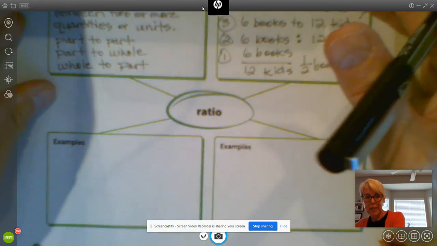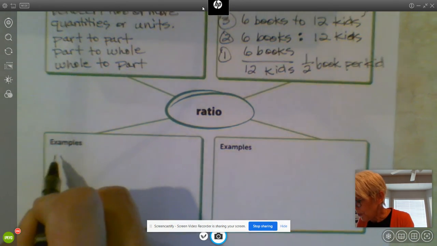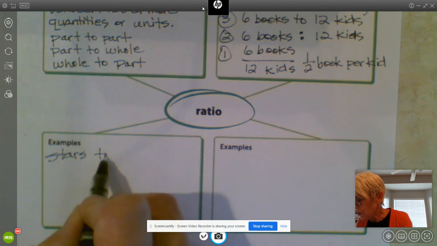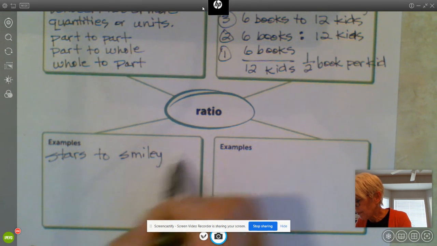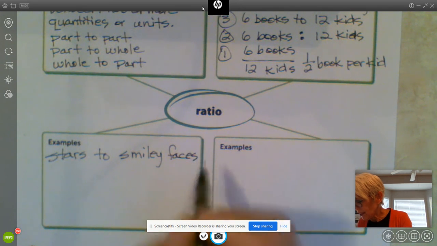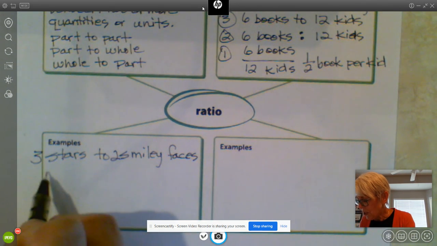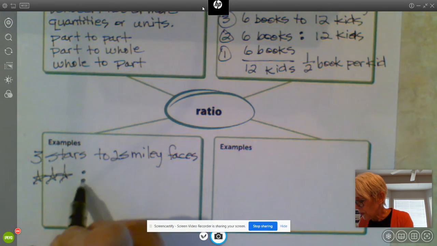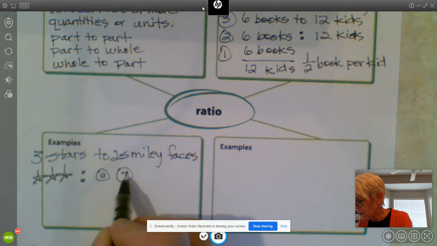So here are some examples. Let's think of some examples. Let's do a ratio of stars to smiley faces. And let's do 3 of them to 2. So here's 3 stars to 2 smiley faces. Pretty sad smiley faces.